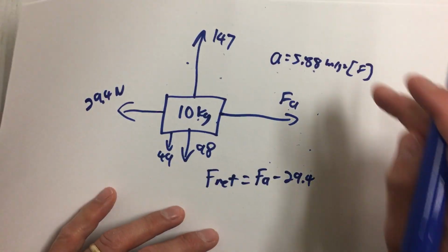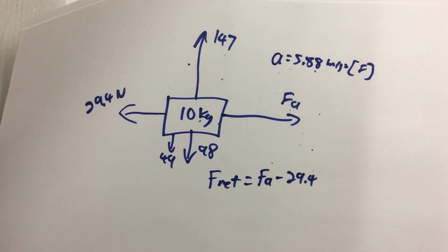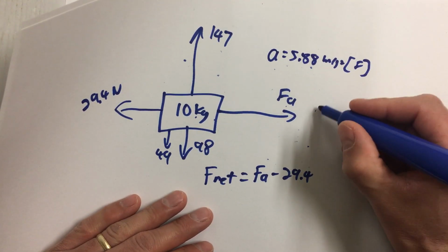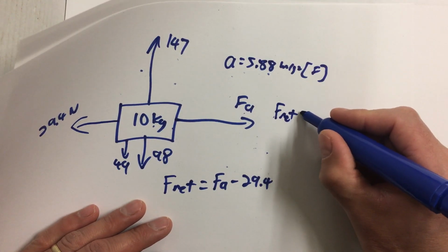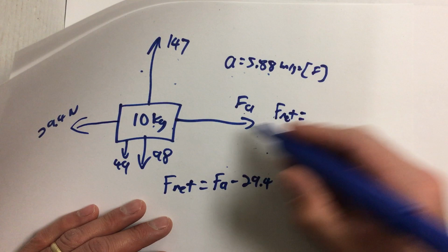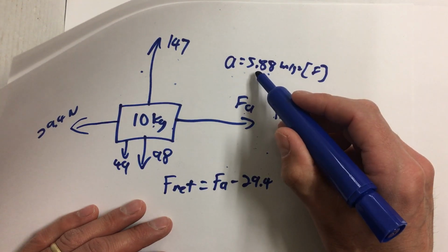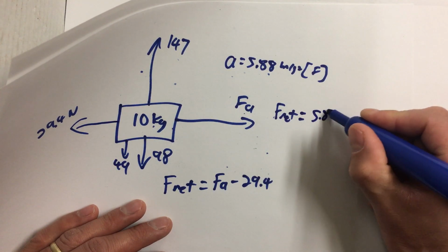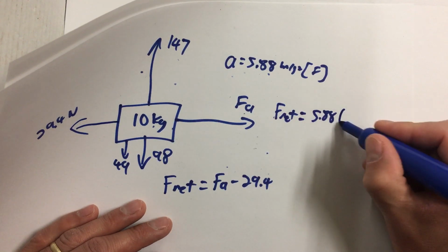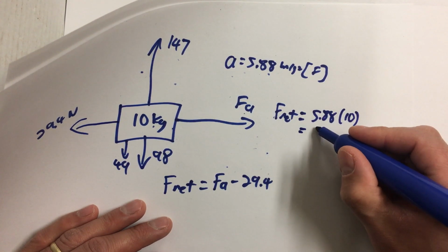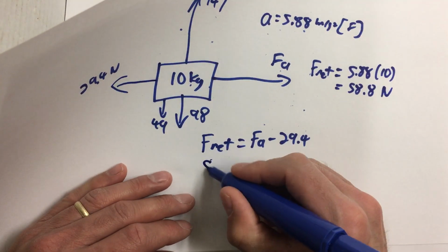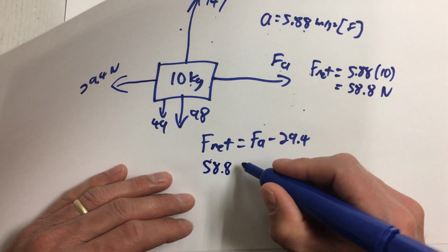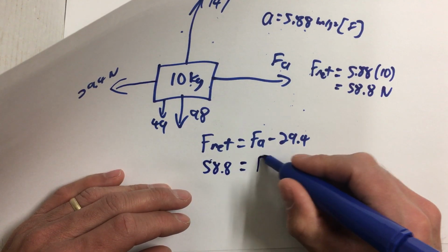And with that forward acceleration, we're going to have a net force, F net equals ma. We're going to have a net force of this acceleration multiplied by this mass. So 5.88 times our mass of 10. So it is 58.8 newtons. So I've got 58.8 newtons as a net force pulling this forward.